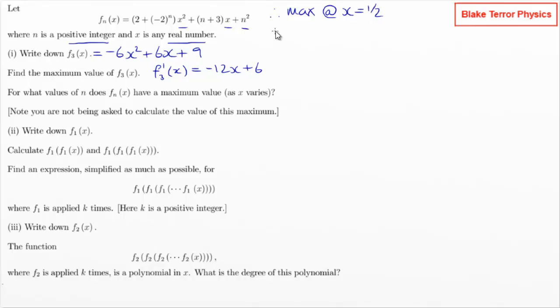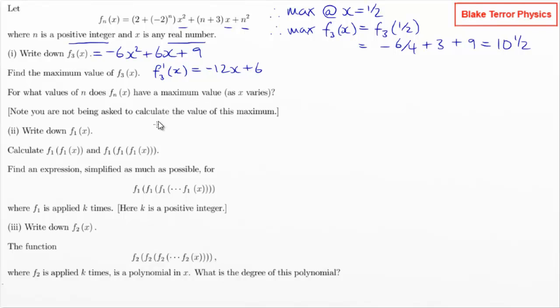So the maximum value, therefore, maximum f subscript 3 of x equals f3 of a half, and that is going to be equal to minus 6 over 4 plus 6 over 2, so that's 3, plus 9, so 12 minus 1.5, 10.5.